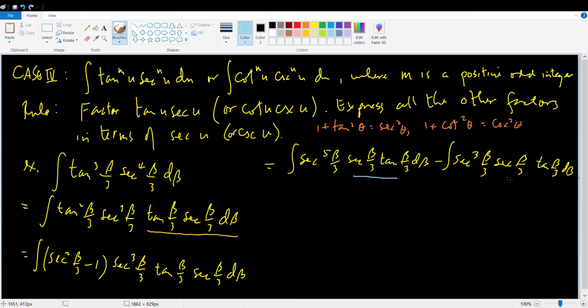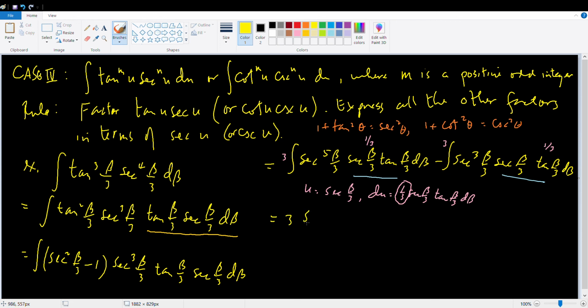So my u here is, let me use a different color, my u is secant beta over 3, and my du is 1/3 secant beta over 3, tangent beta over 3 d beta. The missing constant is 1/3, so 3. We'll be using the same set of u and du for the second integral. It lacks 1/3, so 3. Okay? Our answer would be 3.